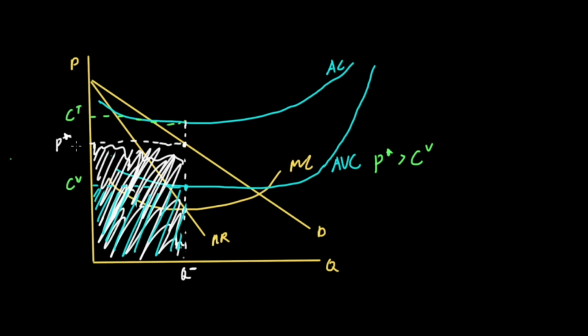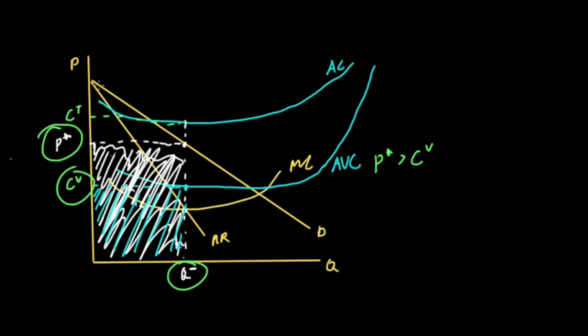So the important thing to look at here is actually the price, the quantity, and the variable cost. The total cost does not really affect the decision of the firm to operate or not, because that is a fixed cost which it will incur anyway.